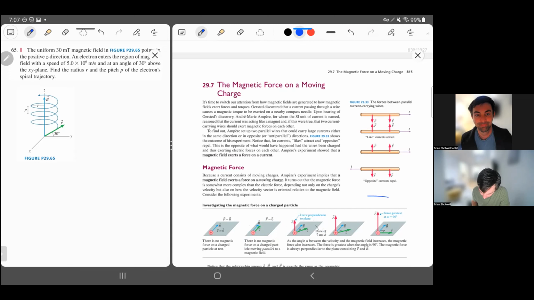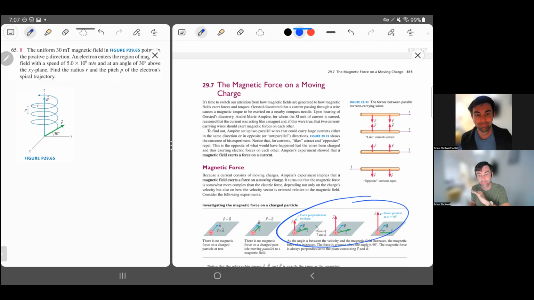So what your book has done here is, whatever the velocity is, it's not parallel or anti-parallel to B, because in that case, the force would be 0. So your book has drawn a plane that goes through the velocity vector and the magnetic field direction vector. That defines a 2D plane, and the force is perpendicular to those two vectors always.